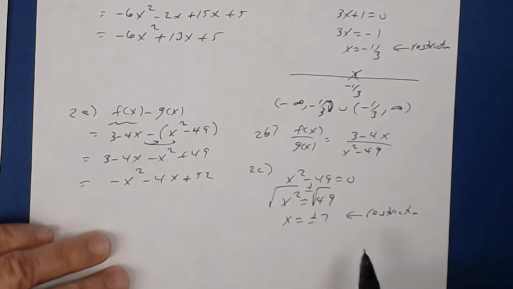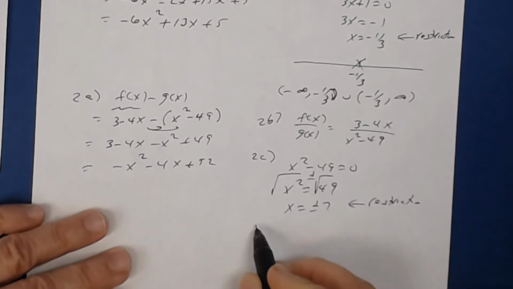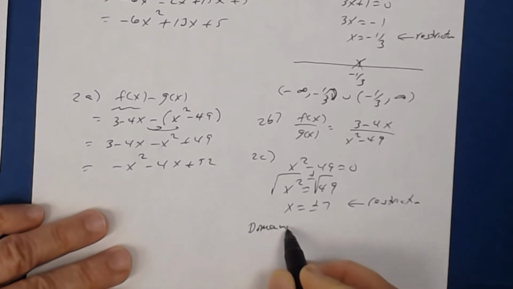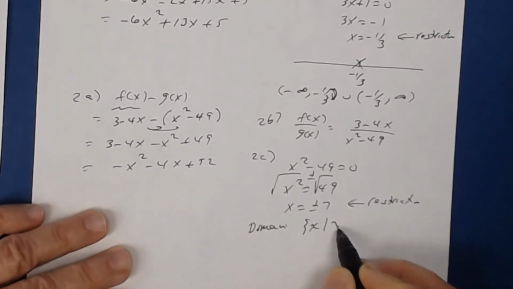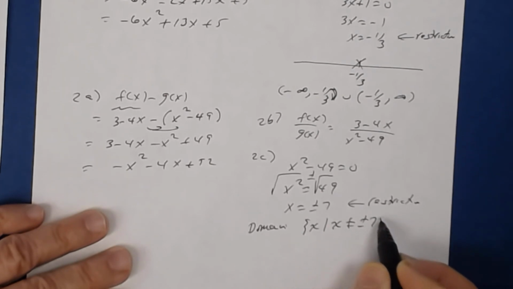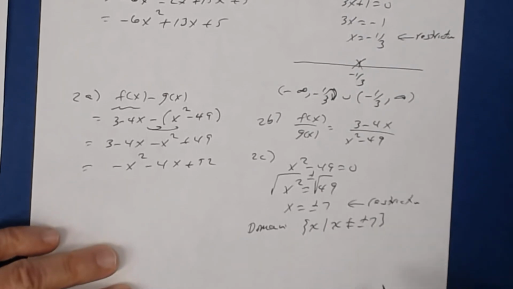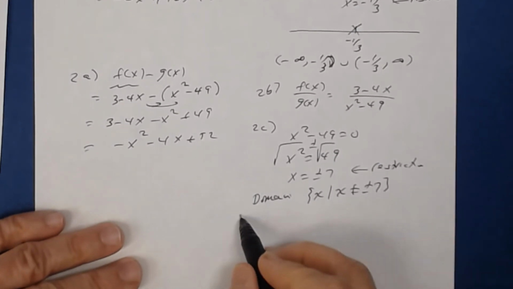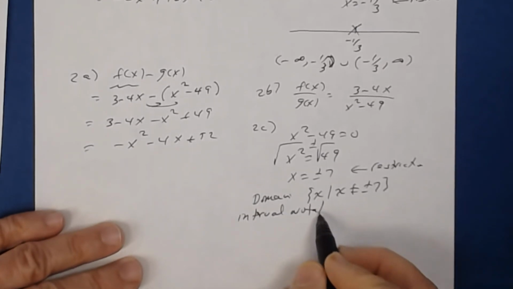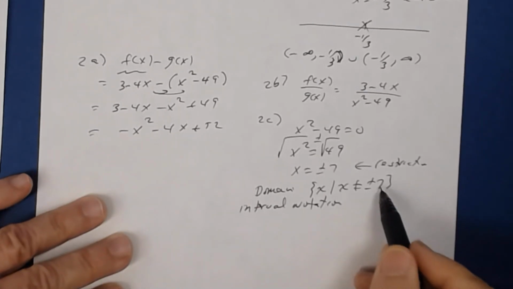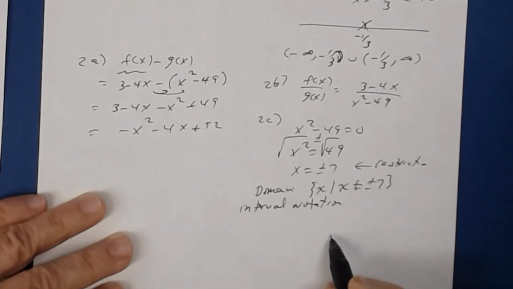Okay, so my domain will be all real numbers. So the domain would be the set of x's such that x is a real number and x does not equal plus or minus 7. Okay? But they want you to write this in interval notation. So remember how to do that. You have to put those two numbers on the number line.